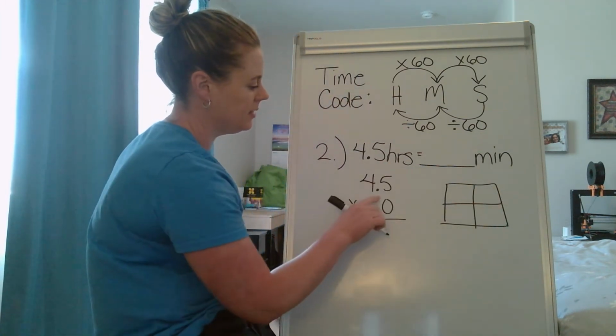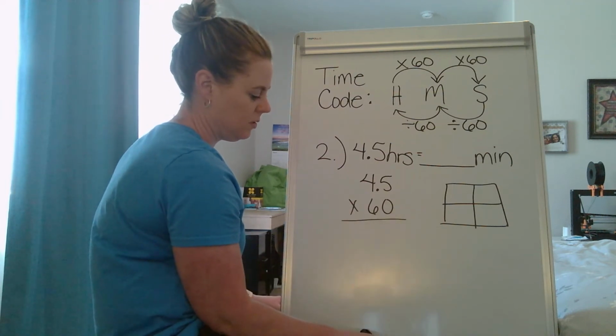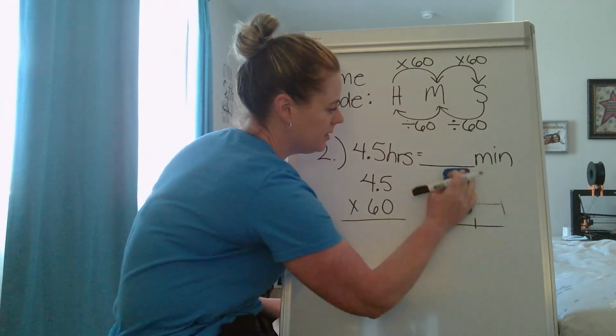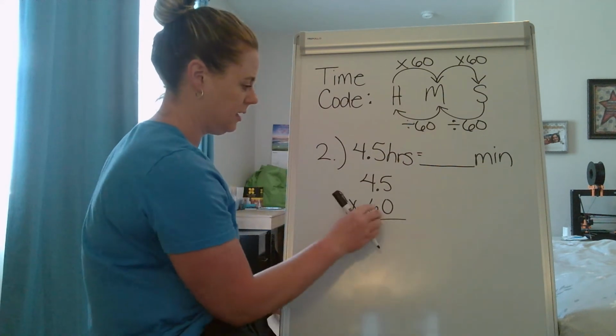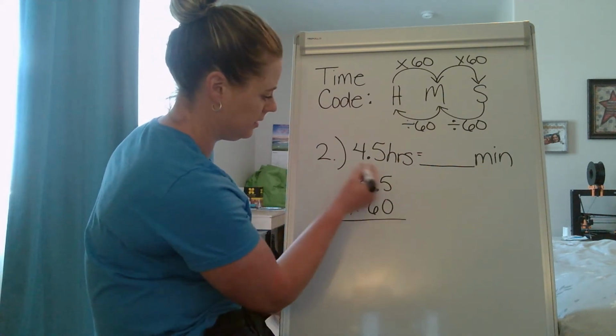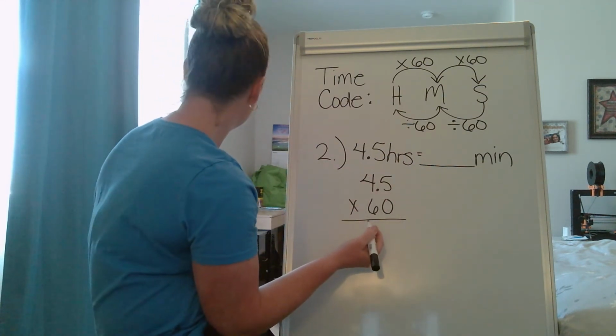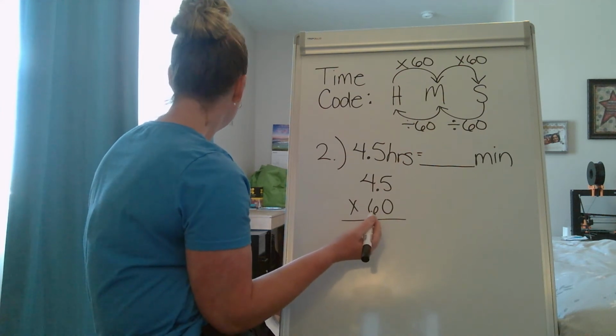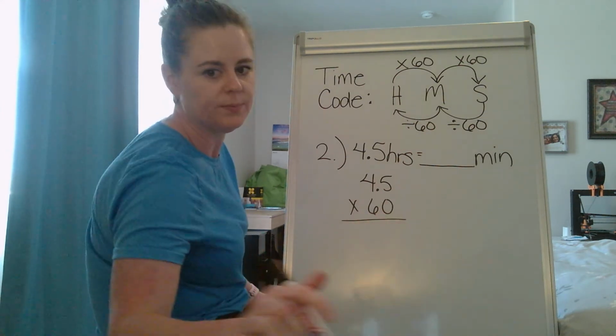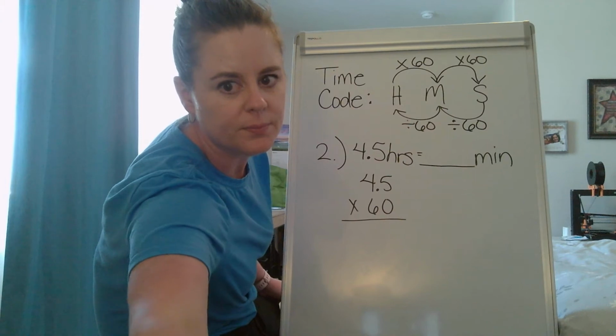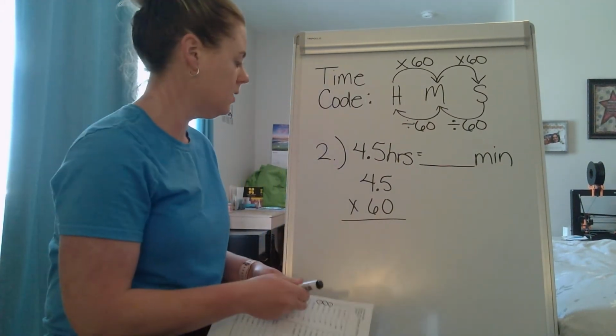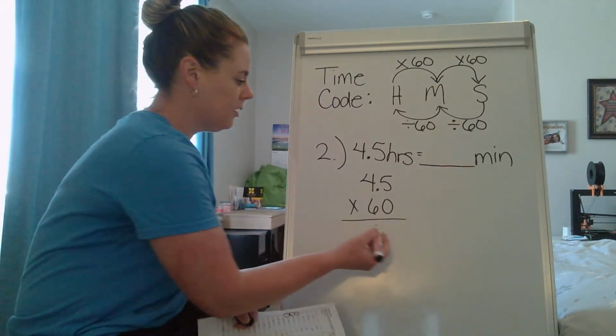The hard part is that decimal. So I suggest moving into the standard algorithm. Zoe! Okay, so let's do this standard algorithm.